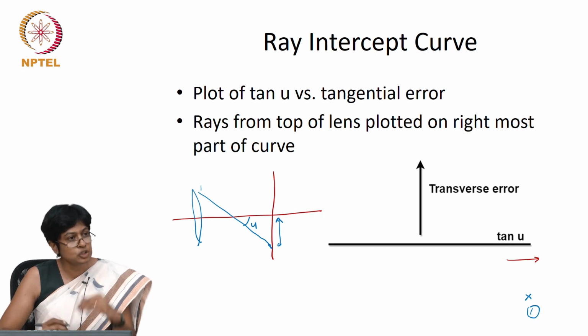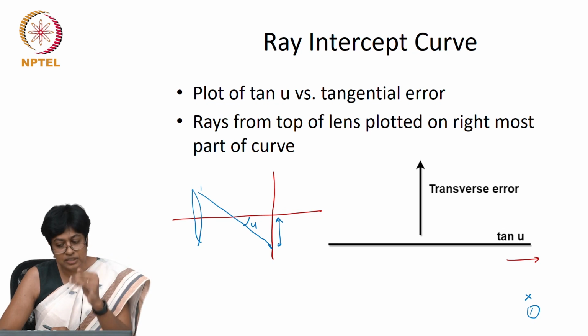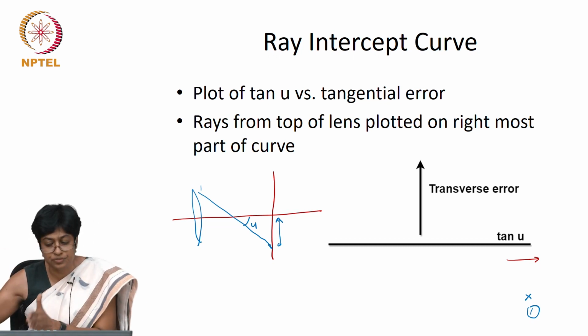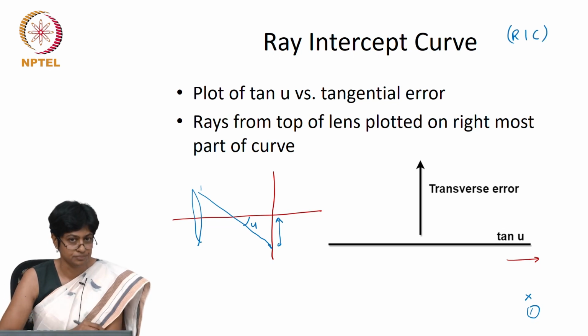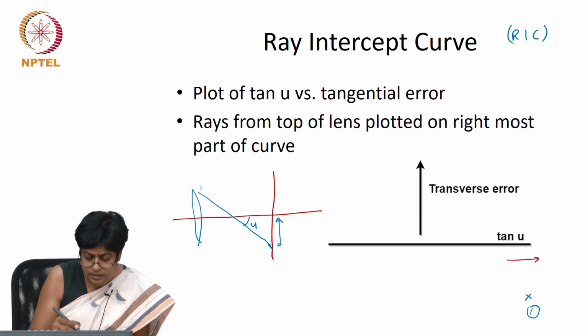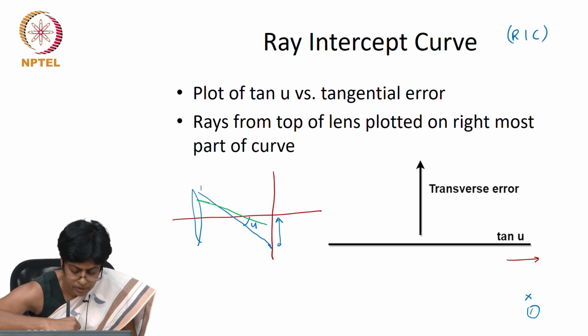So the ray from the top of the lens, its transverse aberration is plotted against the tangent of the angle it makes with the optical axis on the rightmost part of this curve, and often we will just call these the RIC curves. So if I take another ray, let's say that ray started from this point and it went over here.